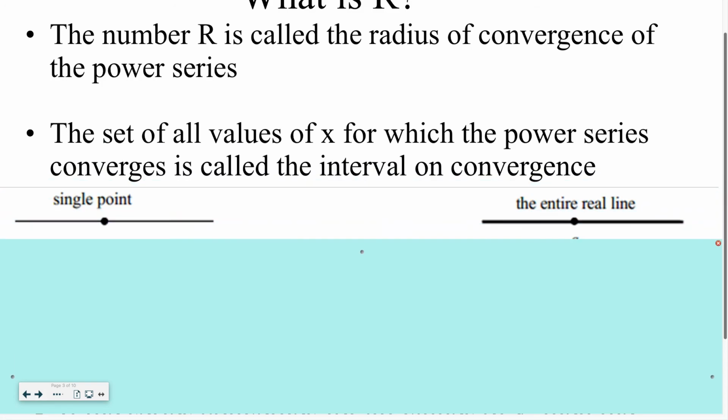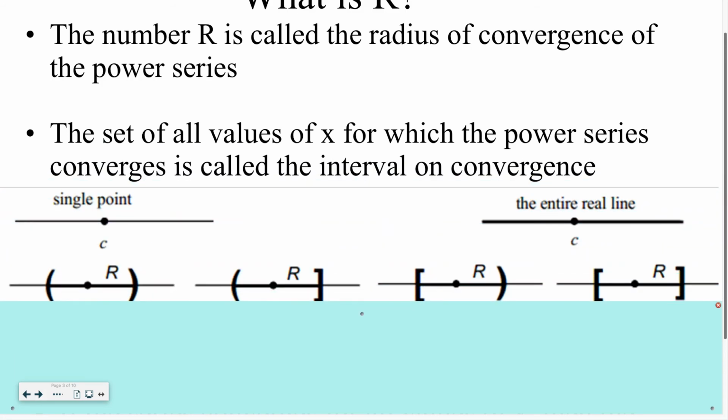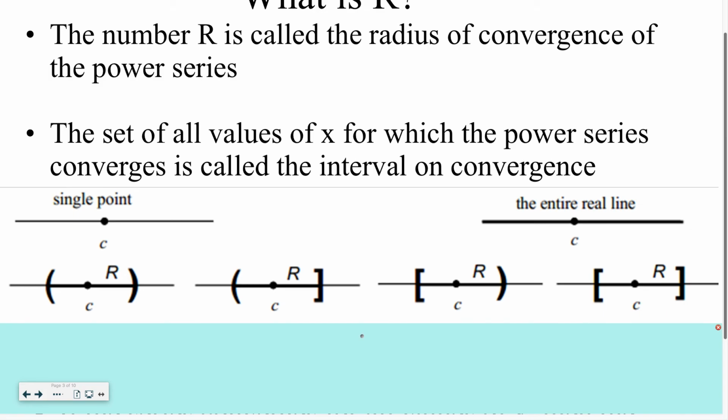So we just talked about these intervals. But then if we have a radius of convergence that is not 0 and not infinity, then our interval could be any of these 4, where the endpoints don't converge, one of the endpoints converges, or both endpoints converge. And I know that that doesn't really make sense right now. We need to first work on what the heck is a radius of convergence, okay? And we're going to get there.